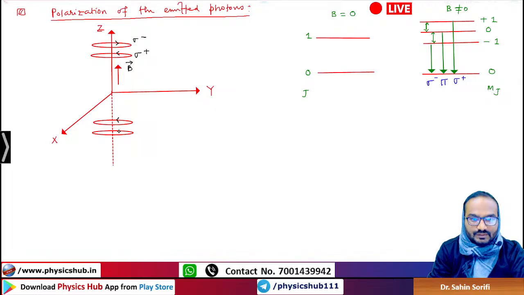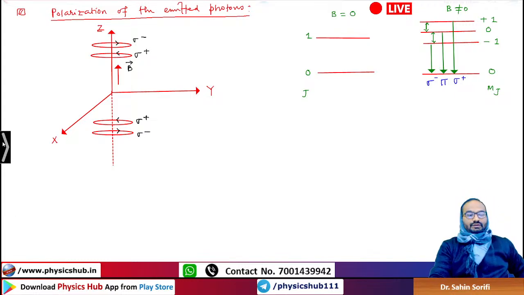The anti-clockwise sigma plus, clockwise sigma minus. So polarization of the emitted photons.